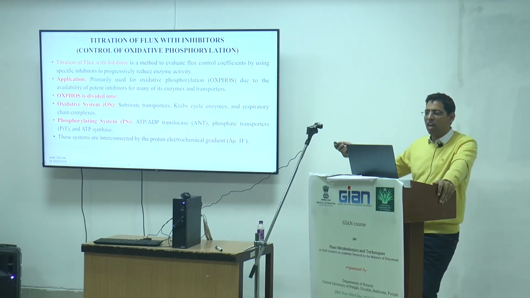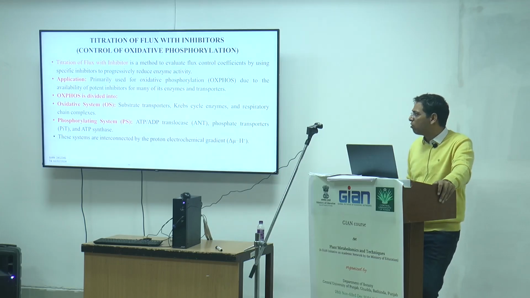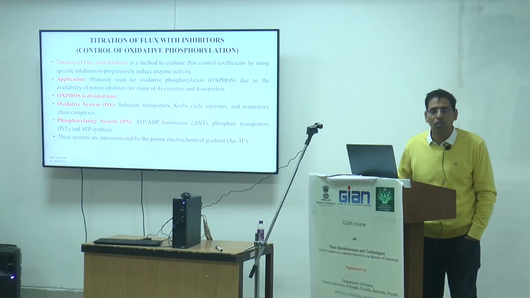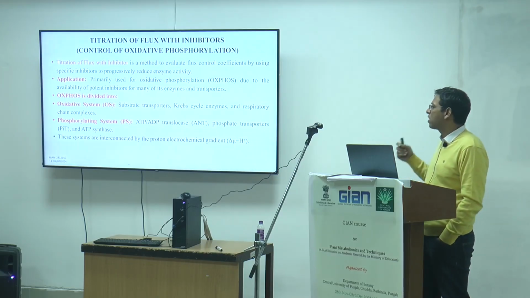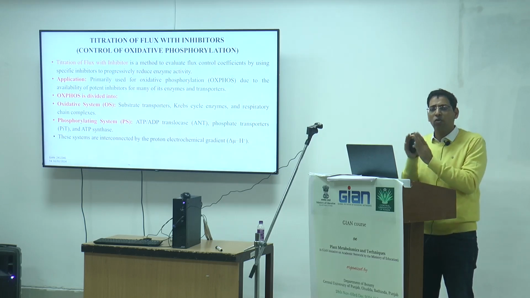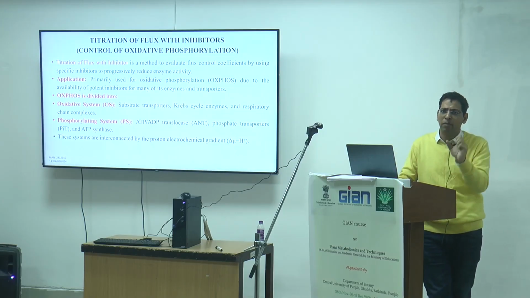So now we have to divide oxidative phosphorylation into two parts: first the oxidative system and second the phosphorylating system. In the oxidative system, we have to find the substrate transporters which are used. Second are the Krebs cycle enzymes and the respiratory chain complexes. We have classified many components.